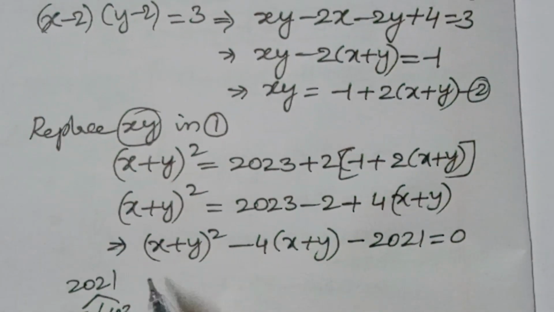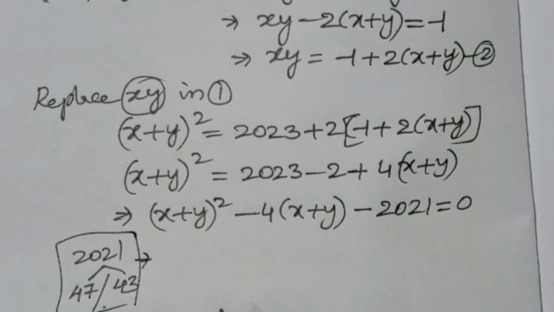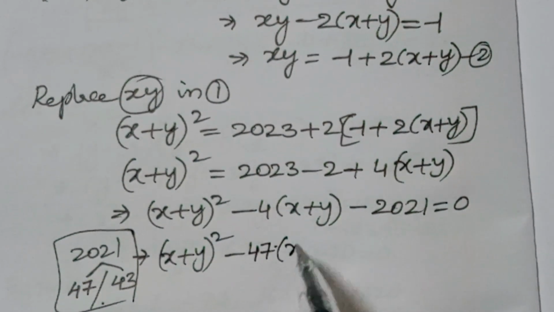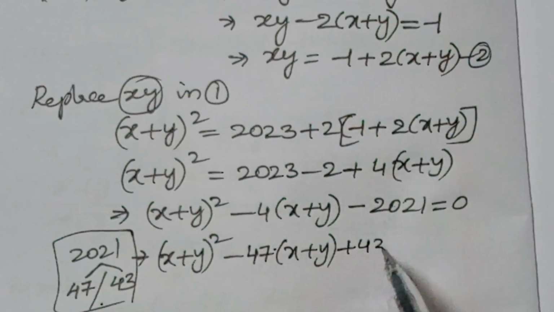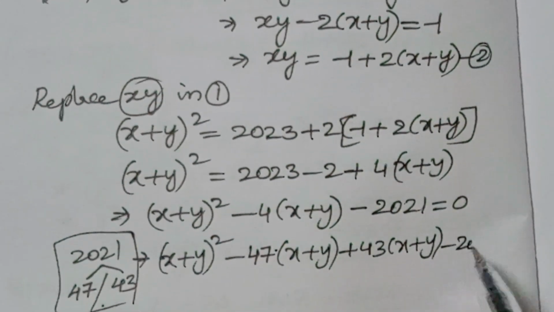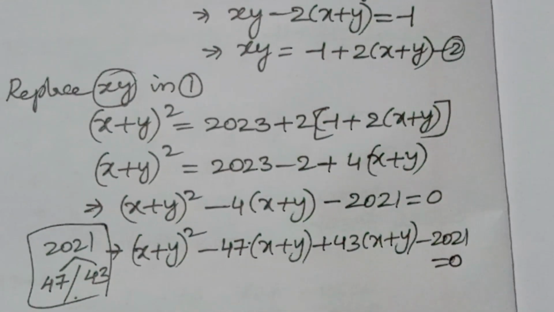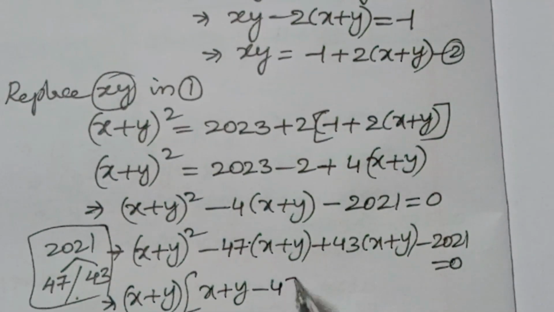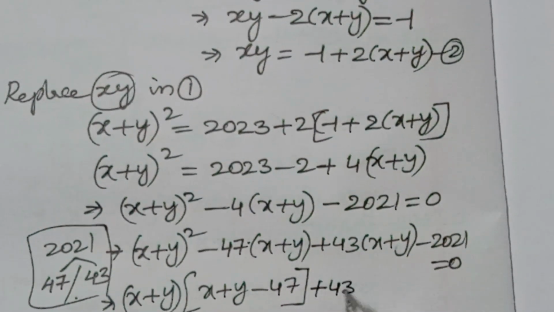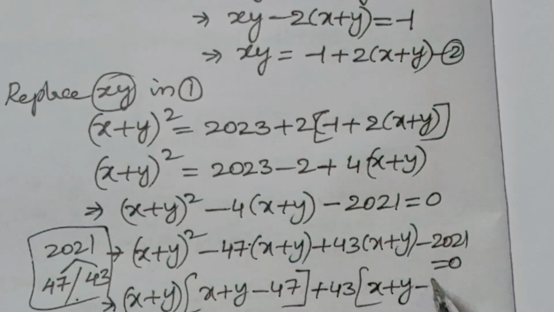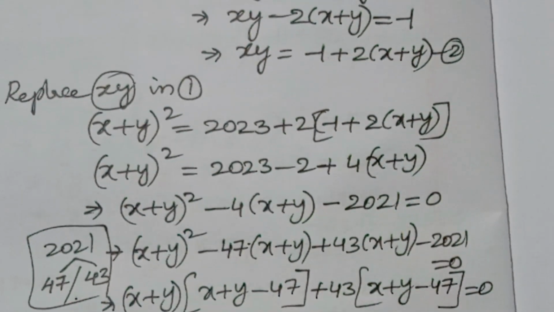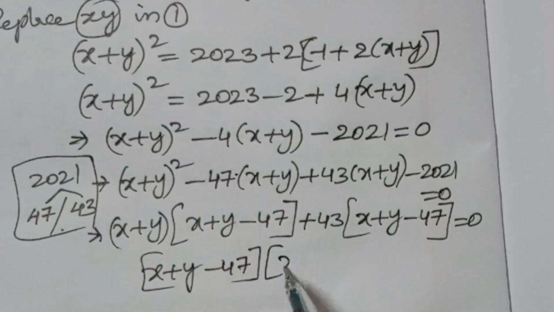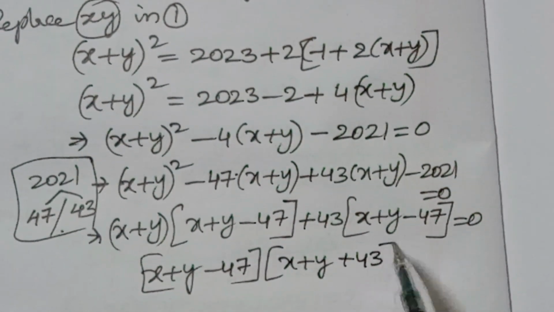So here you will get factors: (x plus y) whole squared minus 47(x plus y) plus 43(x plus y) minus 2021 is equal to 0. (x plus y)(x plus y minus 47) plus 43(x plus y minus 47) equal to 0. (x plus y minus 47)(x plus y plus 43) equal to 0.